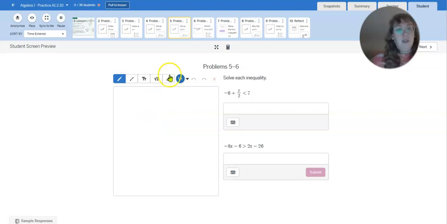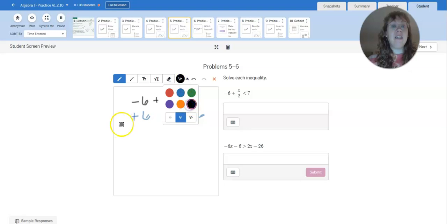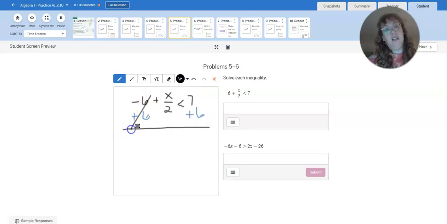Just continuing to solve some inequalities here. The first one has negative 6 plus x divided by 2 is less than 7. We're going to get rid of this negative 6 first by adding 6 to both sides. And then we get x divided by 2 is less than 13.